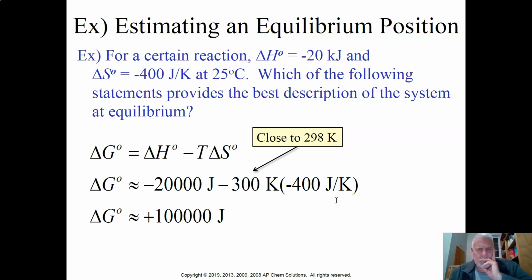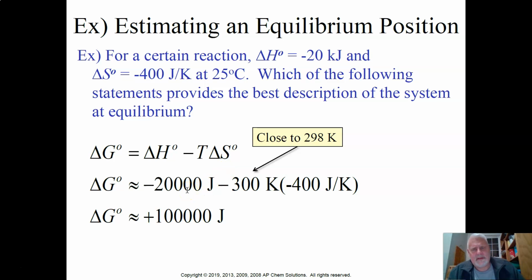That would tell you that you have very few reactants in the problem. This delta H just wasn't a big enough negative number to keep this negative, especially when you threw in the delta S. This is a pretty small delta G value, because remember, most of the time they're in kilojoules, and quite a bit higher than that.